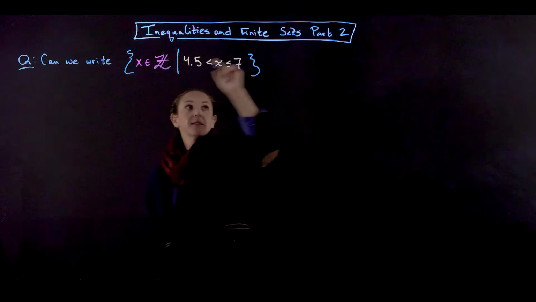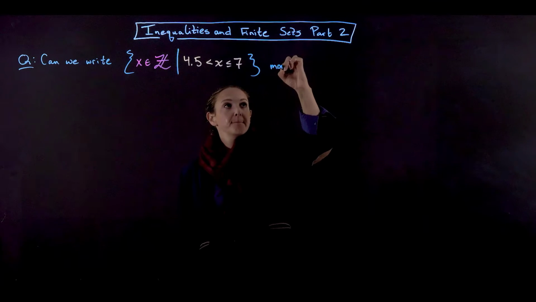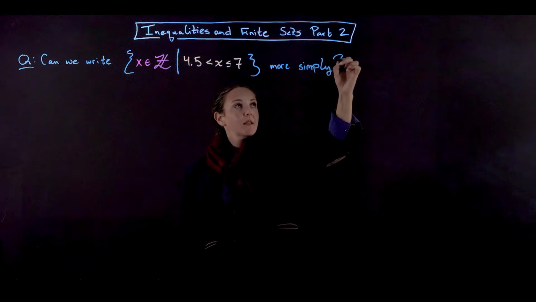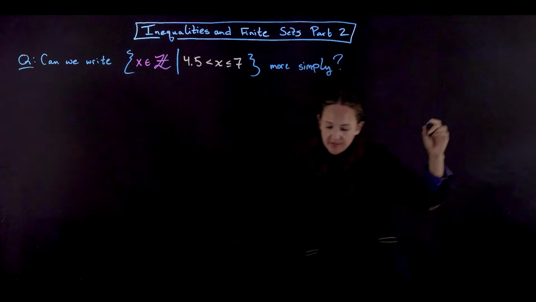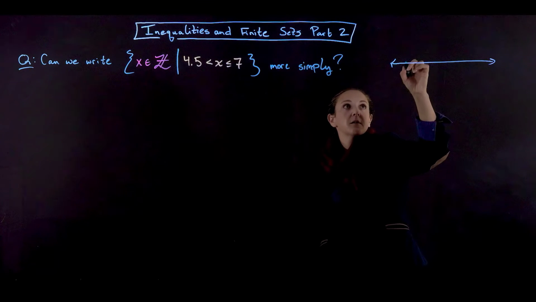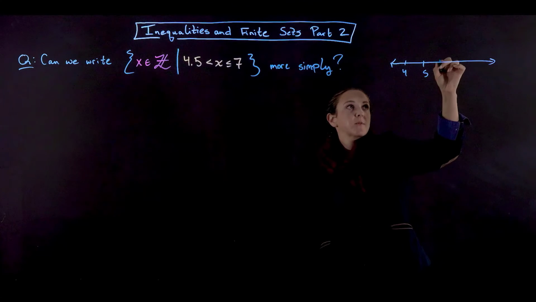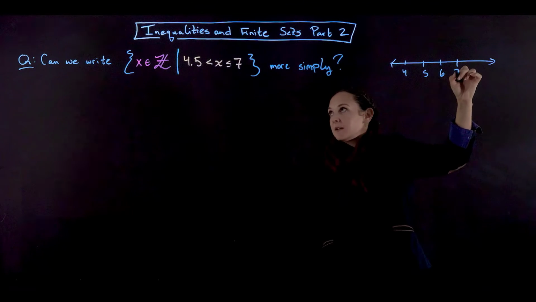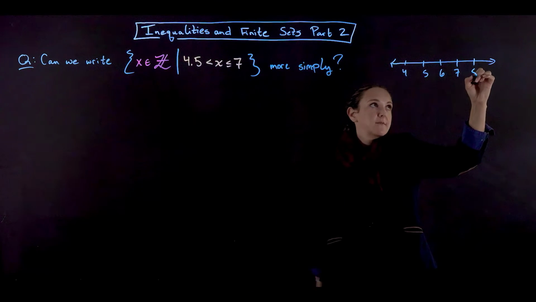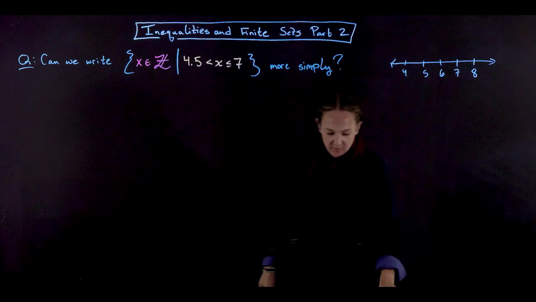So can we write this more simply? Here our picture is: you want to start with a smaller integer and go past the bigger integer, so we have enough room to capture what we want.